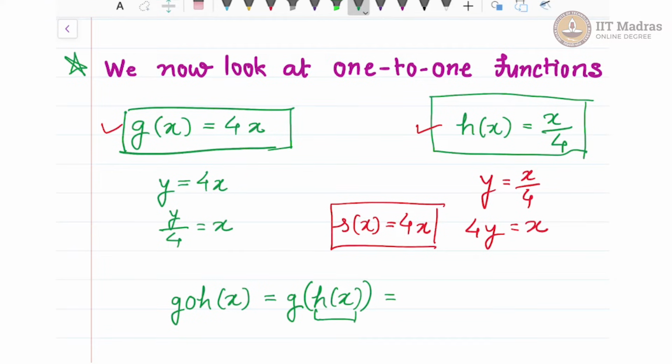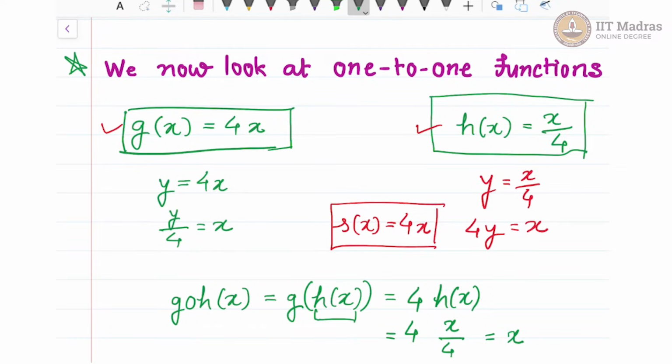Let us try to understand this. g of h of x: what is g of x? It is 4 times x, so it will be 4 times h of x. Now what is h of x? h of x is nothing but x by 4. So 4 times x by 4 will give me x.